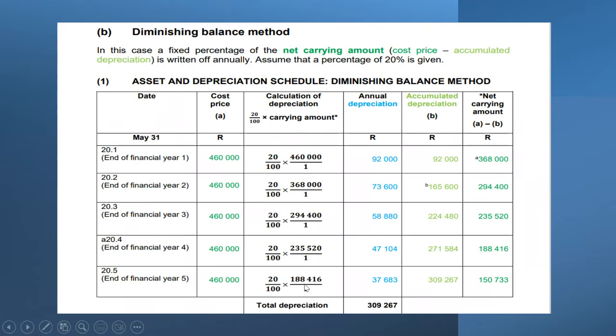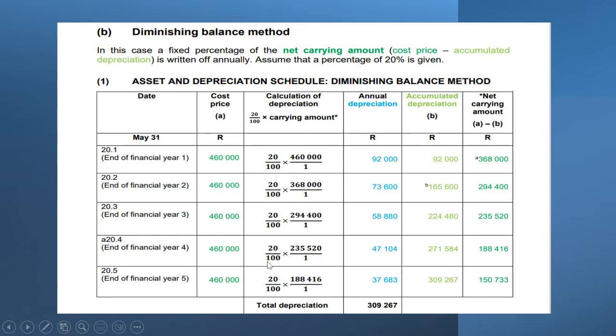So it is very important to know how to calculate depreciation using these different methods. As long as you stick to the formula, you will be fine. Because that's what is important too, for you to know the formula, how to calculate.